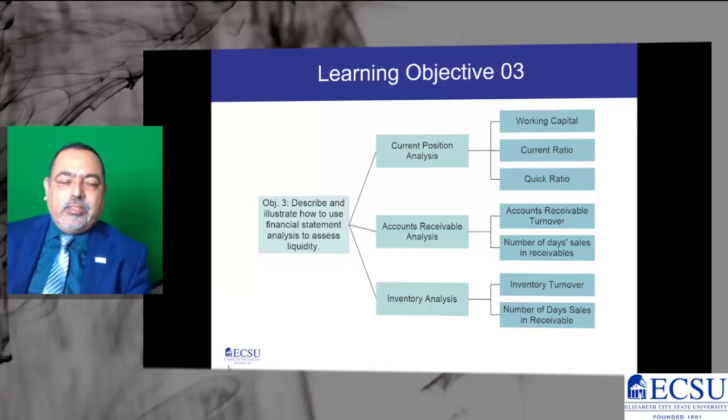Otherwise, what will happen is you will sell the inventory on credit, you will report that as revenue, but if you are not able to collect that, you will be showing a huge amount of profit because you're showing them as revenue, but you may not have cash. So that's going to be a liquidity position impact because of accounts receivable turnover.